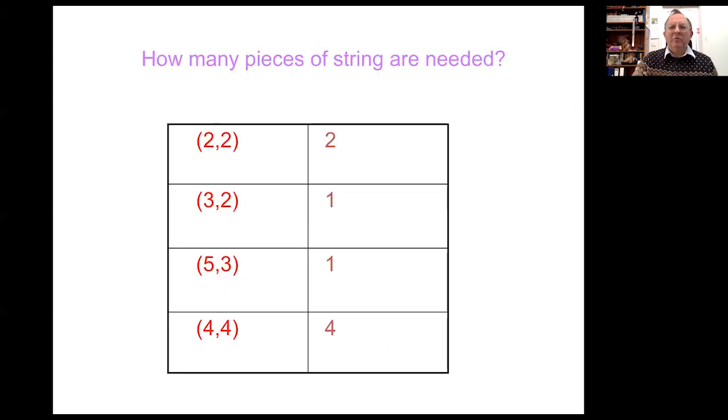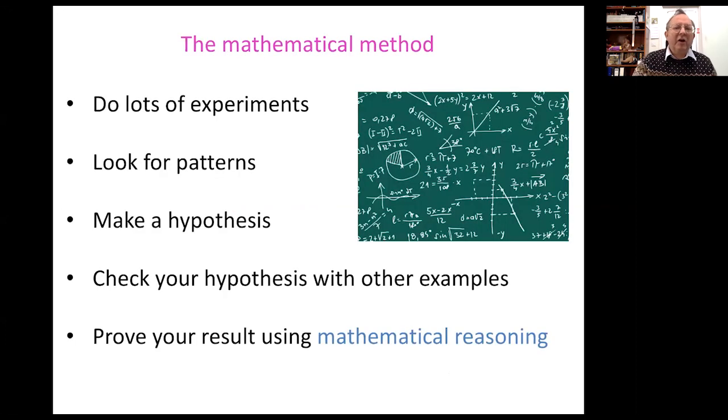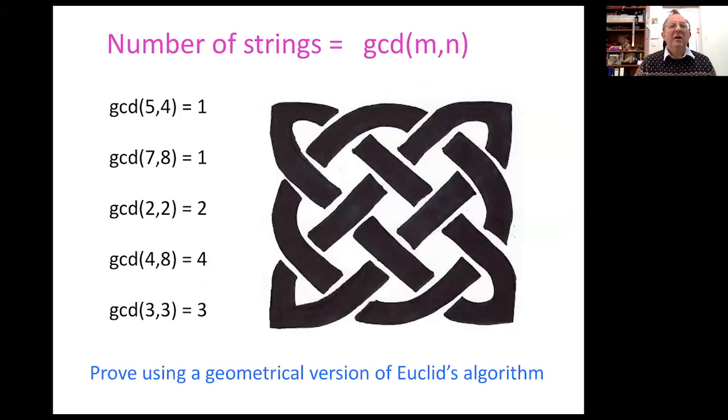Okay, I hope you've all managed to spot what the pattern is between the Celtic knot grid and the number of pieces of string, but in case you haven't, it's simply the greatest common divisor of the number of vertical lines and the number of horizontal lines. It's pretty easy to check this on a finite number of examples. It's surprisingly challenging to prove the result, so I'm not going to prove it today.